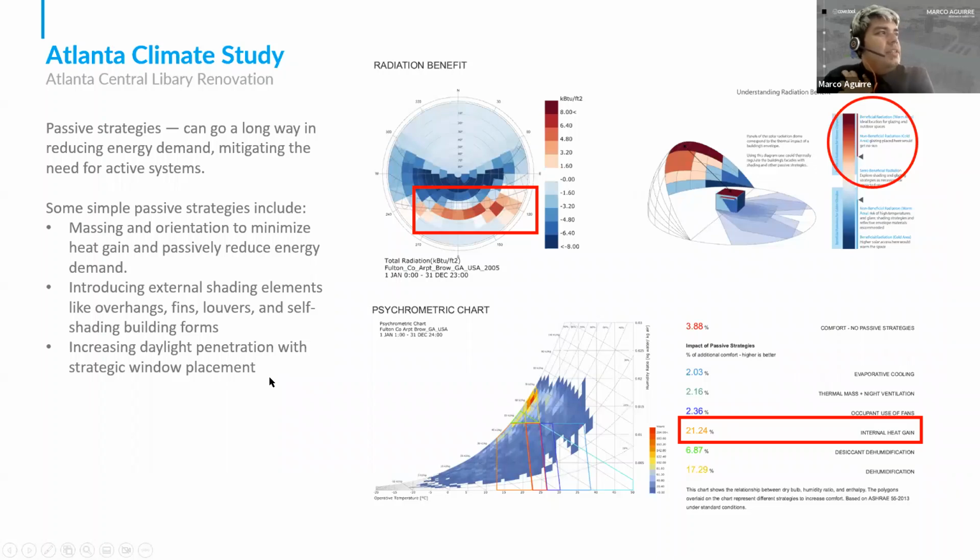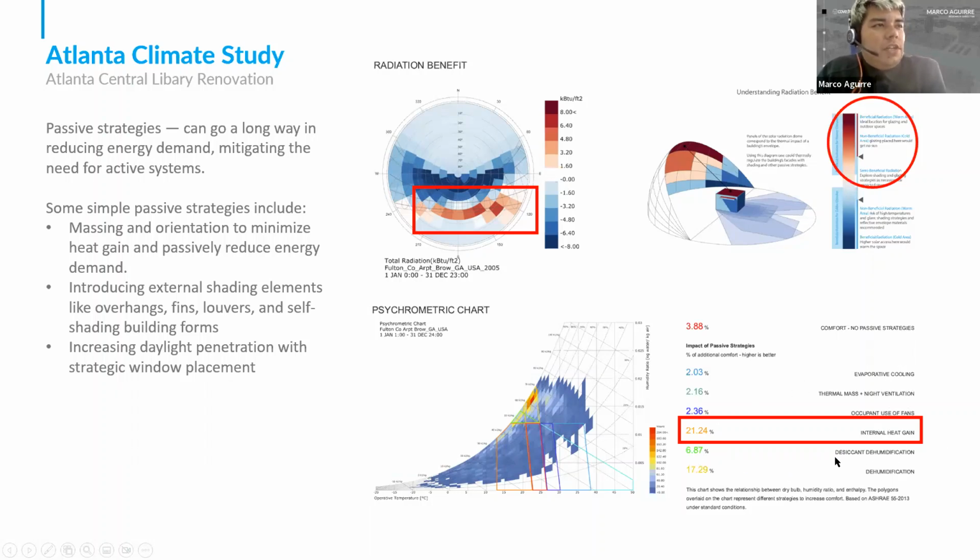The first analysis that was conducted was the climate report, looking at different possible benefits that can be taken. We had the sky dome where we're looking for beneficial radiation, where we could possibly open up the glazing to allow for more passive heating, and also just good natural daylight that's not going to be too harmful because of glare or overheating. Also the psychrometric chart was another analysis you can create.